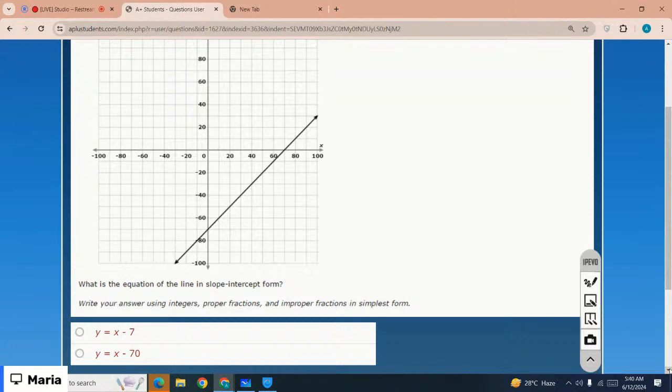The correct option is y equals x minus 70. Option number 2 is the correct option. Got it?